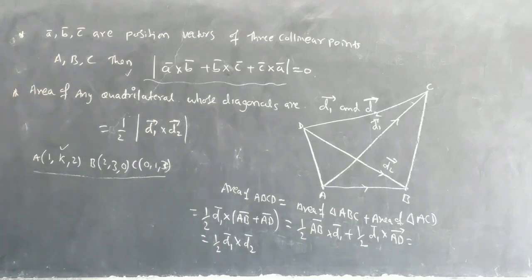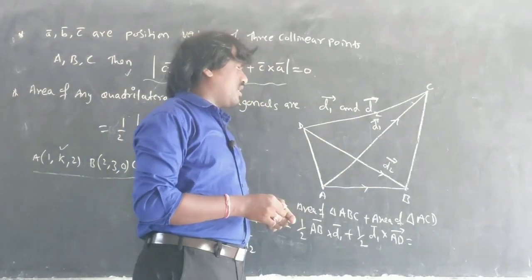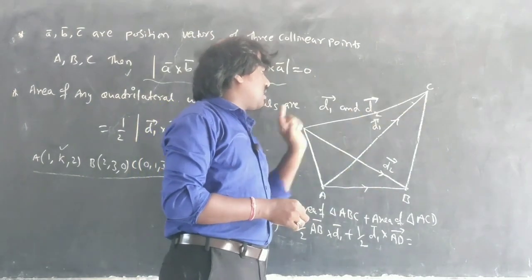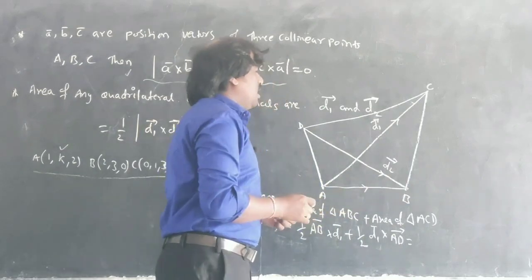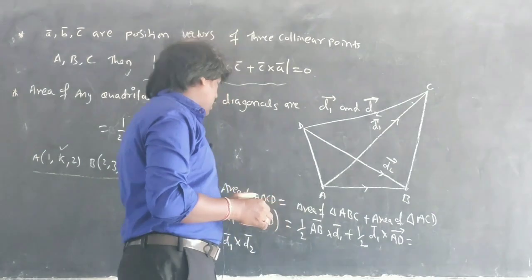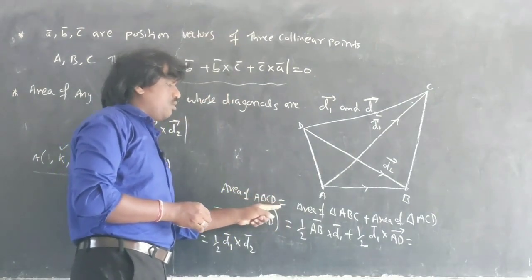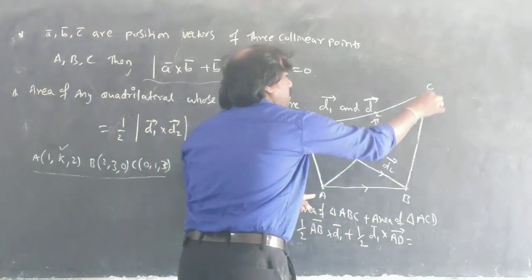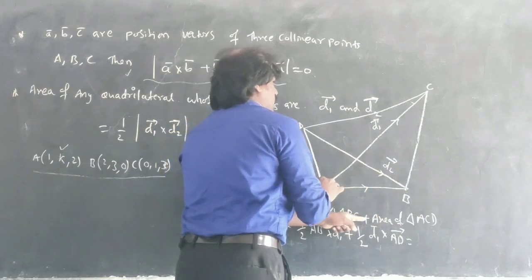Another one, area of any quadrilateral. Suppose a quadrilateral is given and whose diagonals are given. So ABCD is a quadrilateral. This is the D1 diagonal and this is the D2 diagonal. Then the area of the quadrilateral ABCD is equal to the area of the triangle ABC plus the area of the triangle ACD.